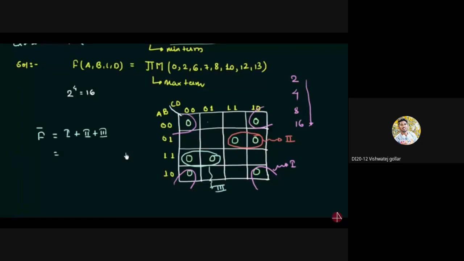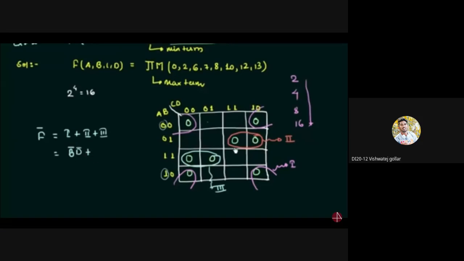Okay, so for the first group of zeros, A is changing from 1 to 0, so this should not be included. B is 0 and it's not changing, so we'll write B complement. Let's see for C and D. C is changing from 0 to 1, but D is not changing and it's 0, so we'll write D complement.